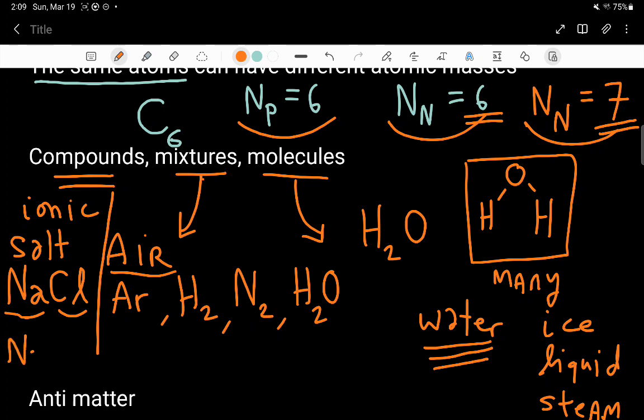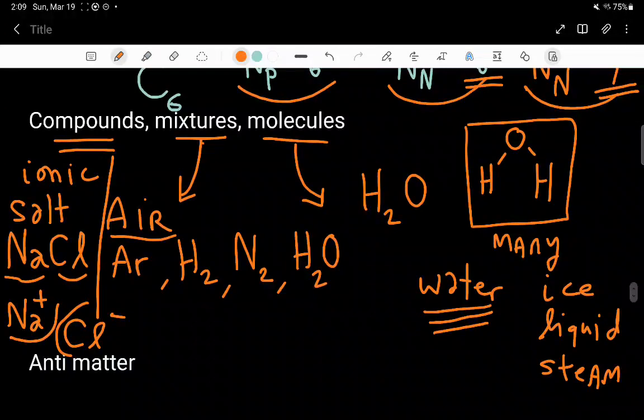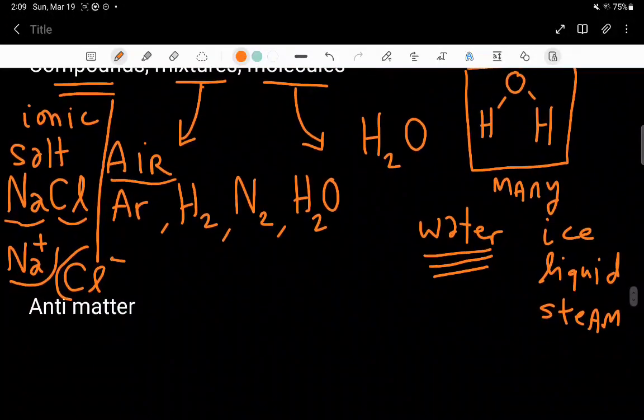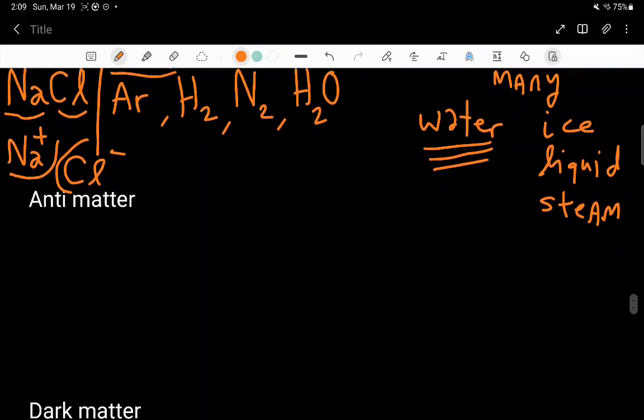Remember that sodium forms the plus ion and chlorine actually forms the negative ion. It's got more electrons than protons. And these two things are oppositely charged, and so they attract each other, right? So many sodium ions and chlorine ions can get together and make a little crystal of salt that you can consume that tastes nice on French fries.